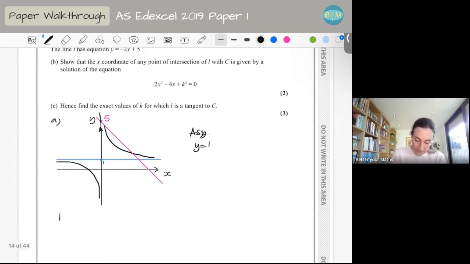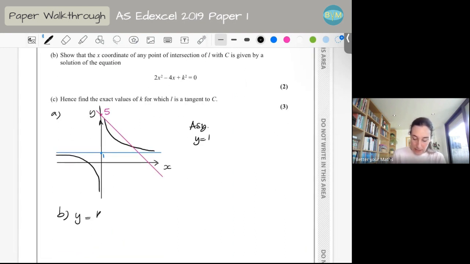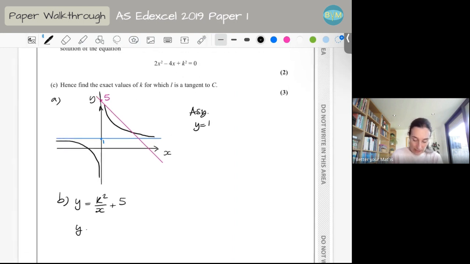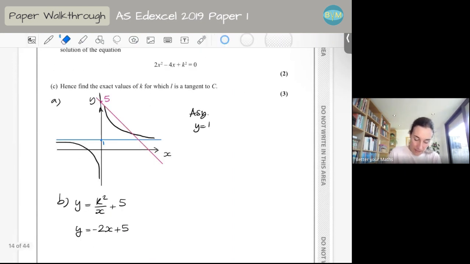So my line is y equals k squared divided by x plus 1, and the other one is minus 2x plus 5. I can solve them as I want, it's up to you. I'm going to make the y's equal, so I'm going to equate the equations.